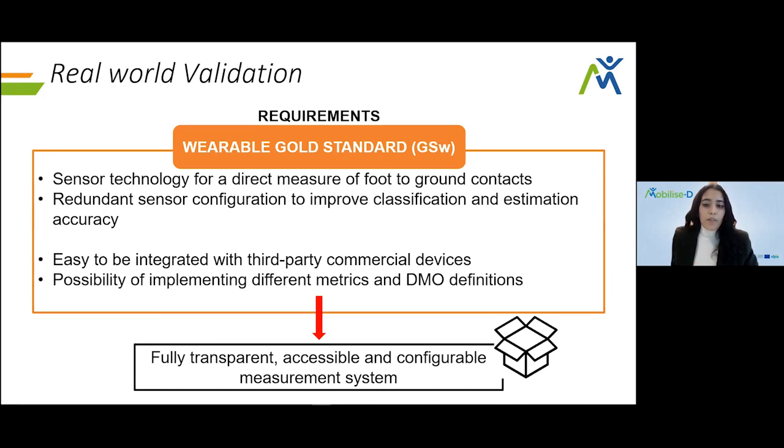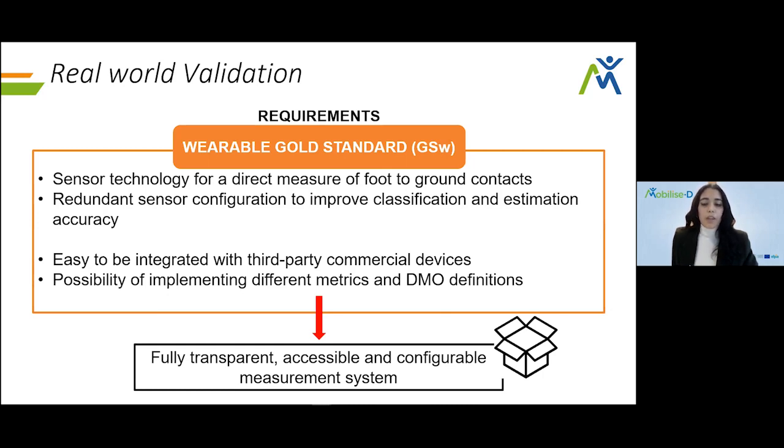Moreover, it should have a redundant sensor configuration to improve classification and estimation accuracy, should be easy to integrate with third-party devices, and it should give the possibility of implementing different metrics and digital mobility outcome definitions.